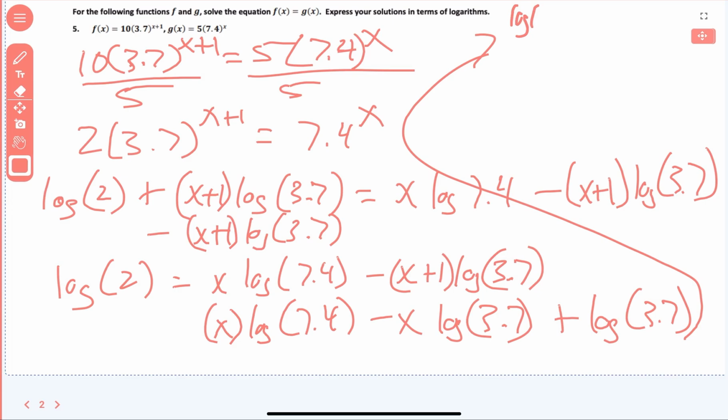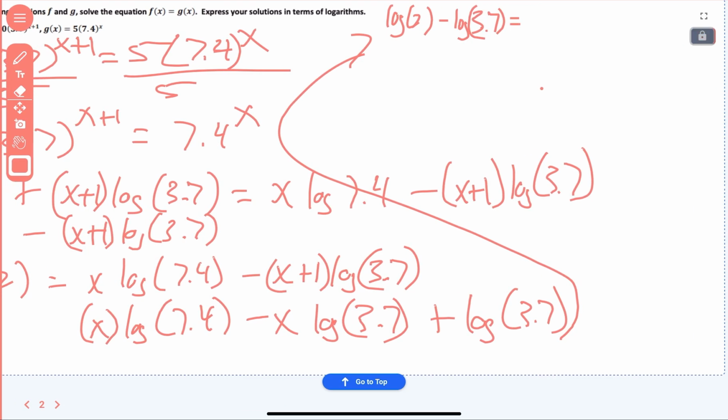If we do that, let's take this and move it all up here. We would have log 2 plus log 3.7 equals, let's get it over here, equals what? What have we got? x log 7.4 minus x log 3.7. Now I can kind of factor that out.